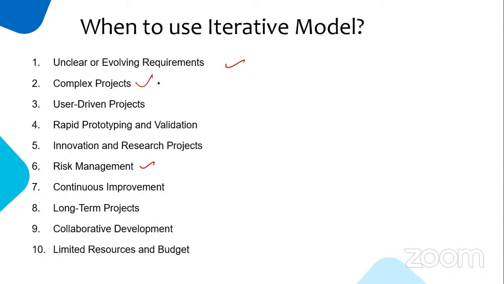And a complex project, which is user driven, needs to be driven by the user based on the input. And rapid, you need to see how the application will be, and to validate that we need a prototype. R&D projects, most companies will use this for R&D projects.